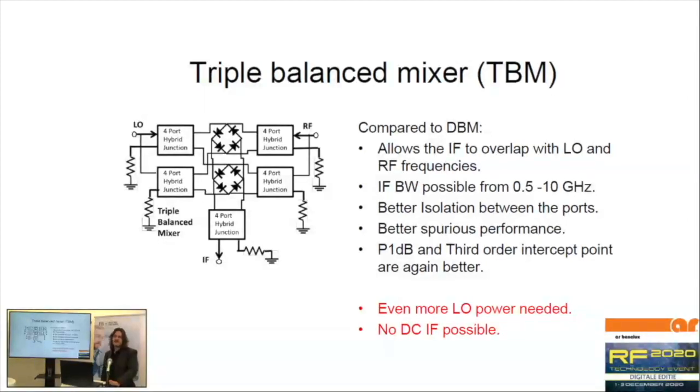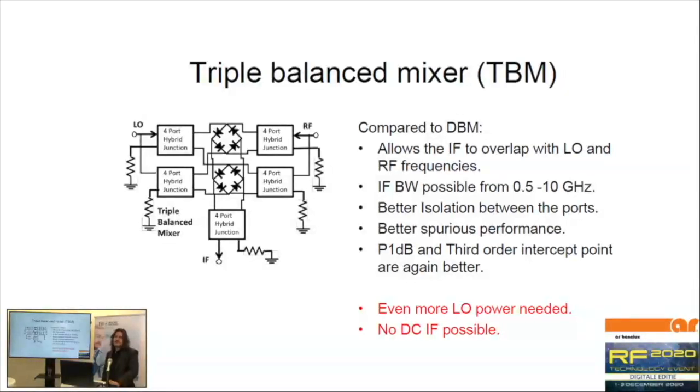In some situations, you want your mixer to work from DC to somewhere. That it doesn't do. The isolation between the different ports is much, much higher as well. Typically, you'll be around 30 dB of isolation between the LO and RF, and the LO and IF, which comes with the fact that you also have better spurious performance.